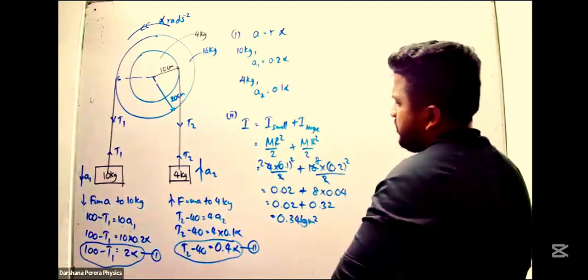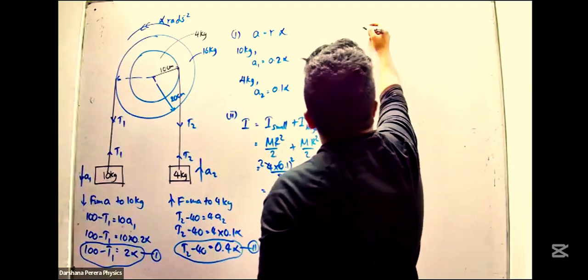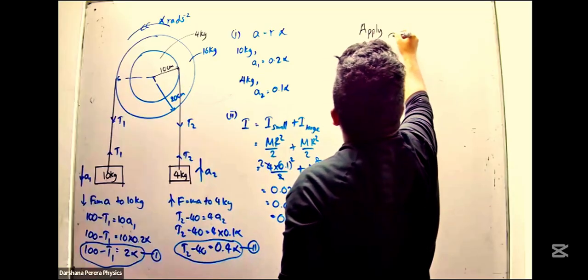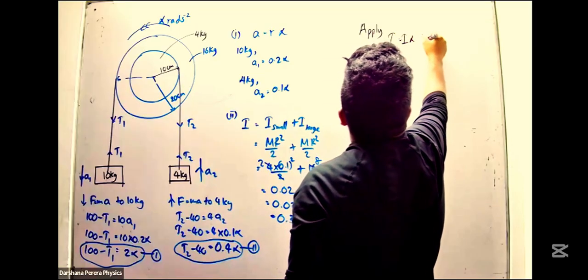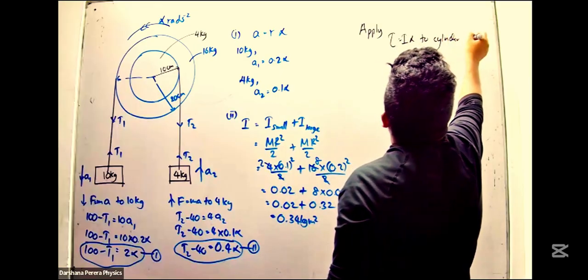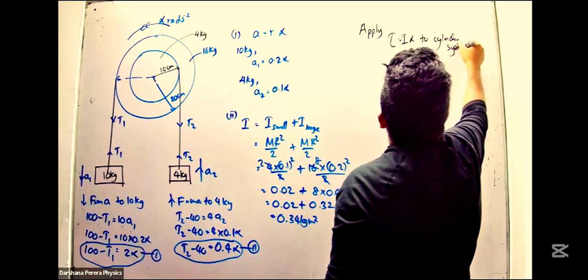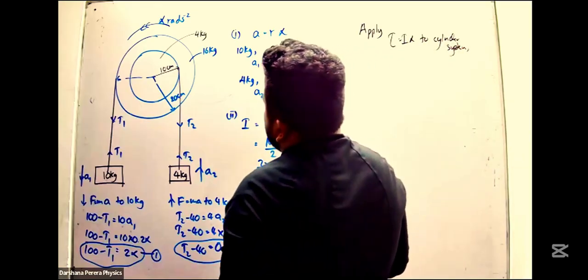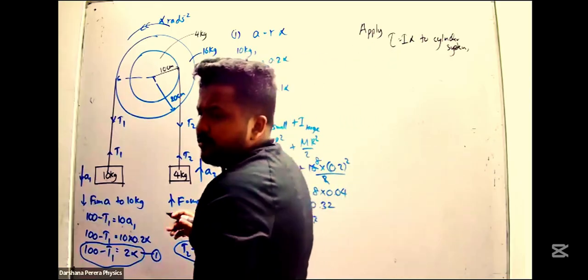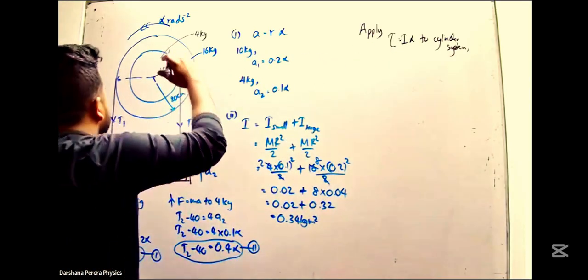Then I apply tau equals I alpha to the cylinder system. Tau equals what?